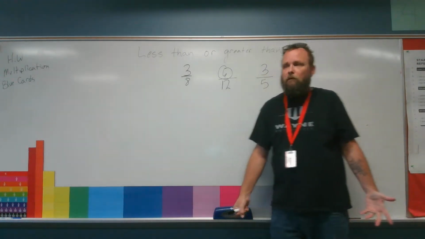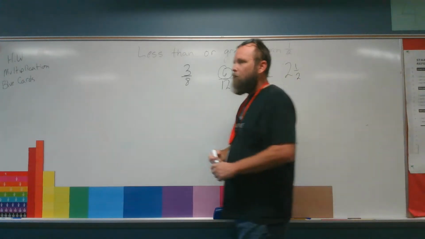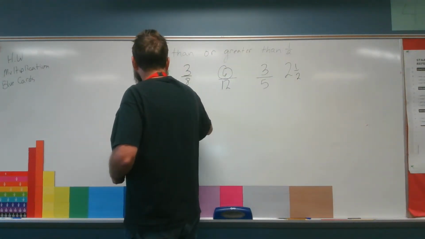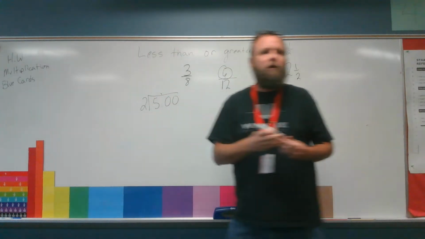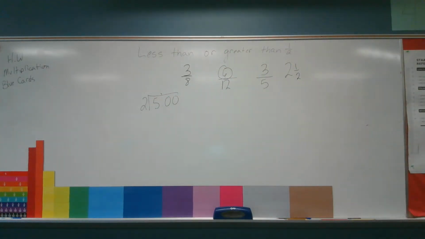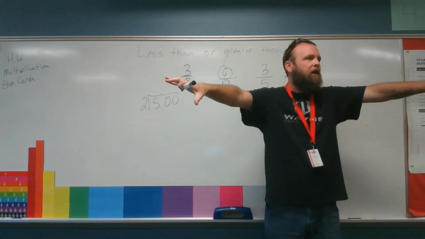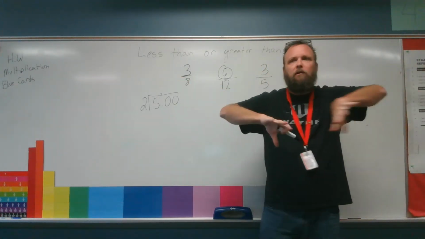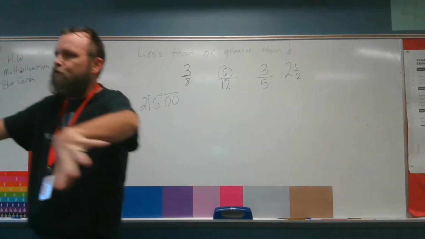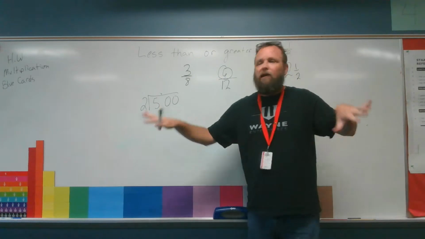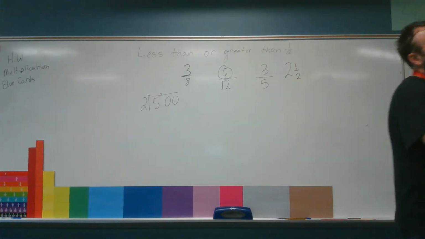When you find half of something, and I'm going way off track here, but that's fine, you're dividing it by 2, right? You're splitting it into 2 equal parts. Splitting it into 2 equal parts is just like dividing by 2.